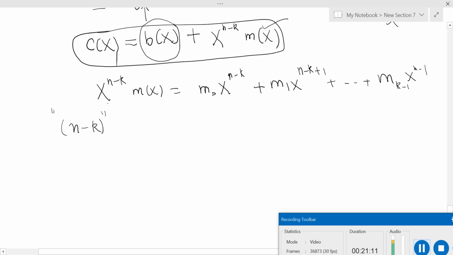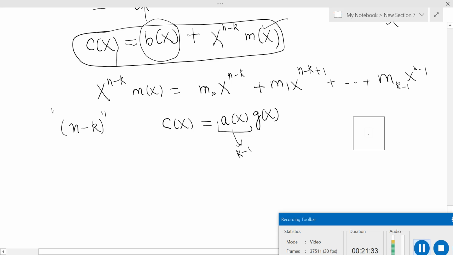Actually the logic is that you should get the code word by multiplying some polynomial with the generator polynomial, right? This polynomial should have the same number of bits as the message bits, hence it should have degree k minus 1, right?